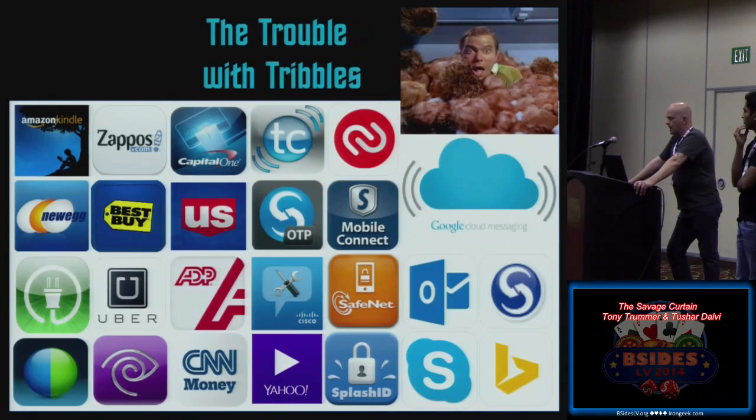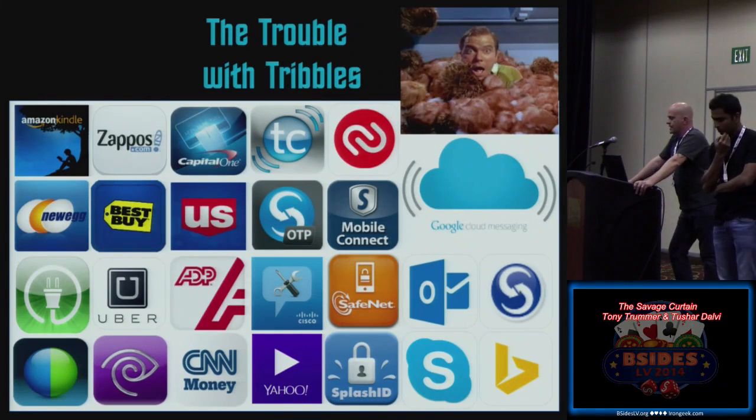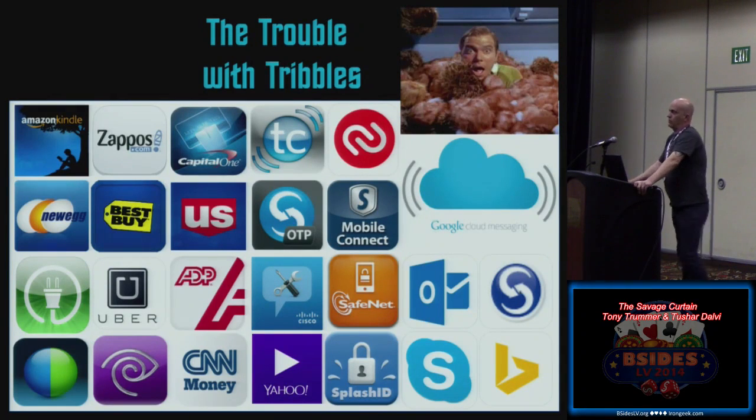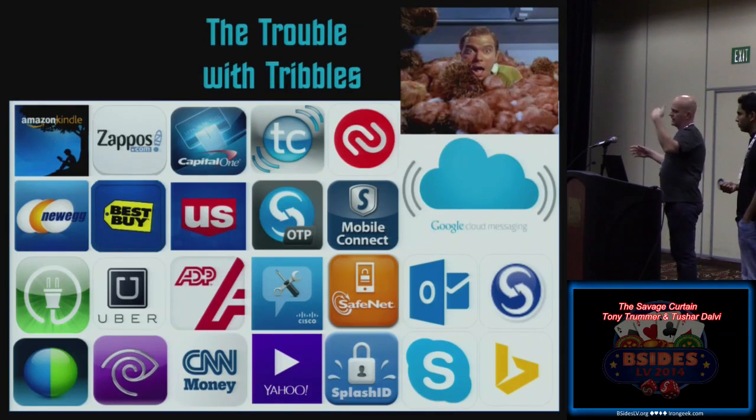Another noteworthy thing is the Google Cloud Messaging app, or really a service. This represents a service that is used by nearly every Android app in the world. It's basically how the app registers with Google for receiving push notifications. It's only half of the equation, because you generally still have to register with the app developer's server to get the actual messages.